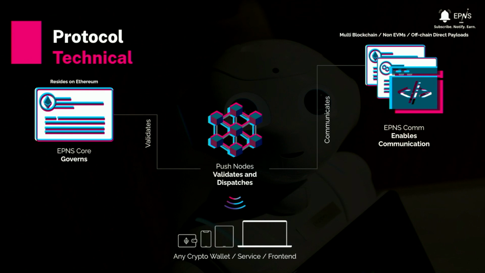The protocol is made of three main components. The first component is what we call EPNS core. EPNS core is a smart contract on Ethereum. But one step back: whenever you want to send notifications to wallet addresses, you must create a channel, which means activating yourself in the protocol.